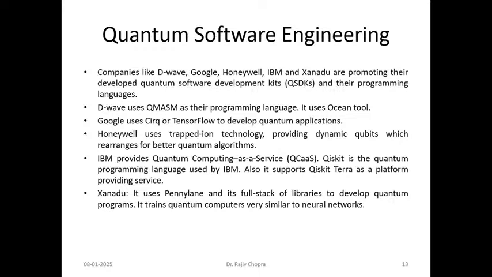IBM provides quantum computing as a service. Qiskit is the quantum programming language used by IBM. Also, it supports other libraries like Qiskit Terra for servicing. Then Xanadu uses PennyLane and its full stack of libraries to develop quantum programs. It trains quantum computers very similar to neural networks.